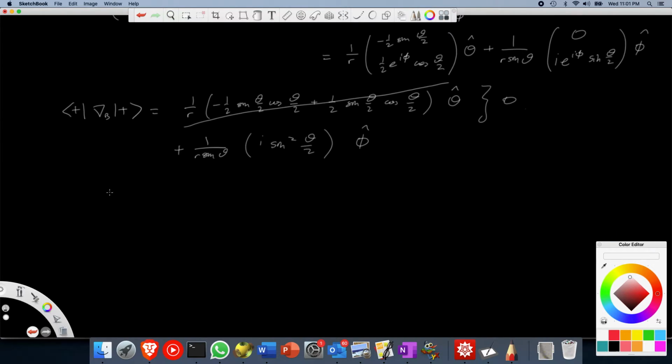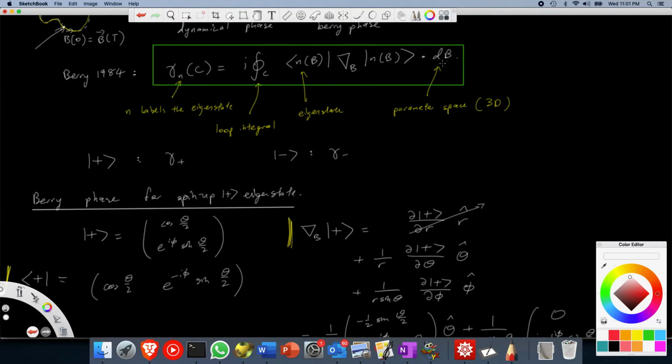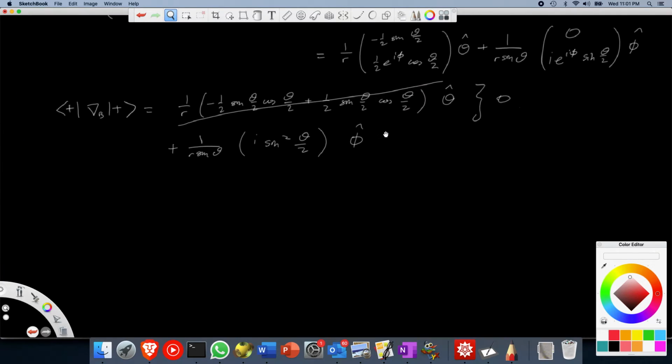So the next one we need is the differential of b. Because we are working in polar coordinates, dB equals dr r hat plus r d theta theta hat plus r sine theta d phi phi hat.